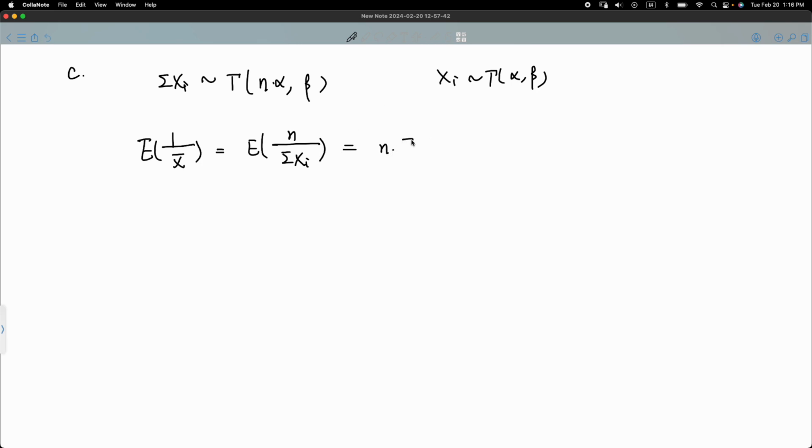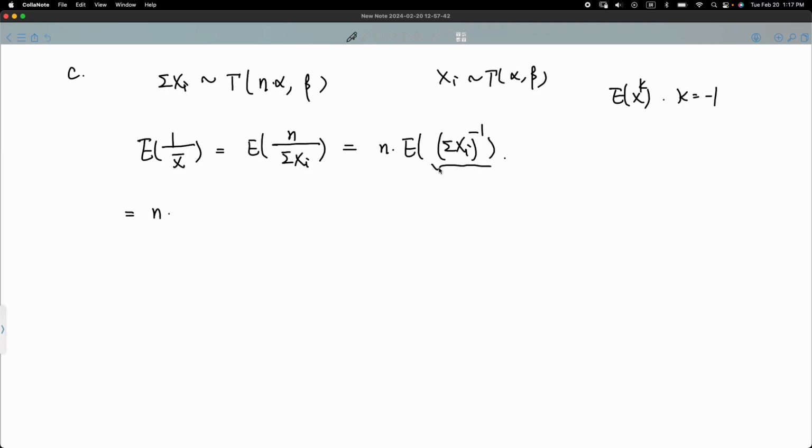Bring the constant outside, we have the expected value of the summation of xi raised to the power of -1. And this is a gamma distribution, so we can use the formula for E of X^k, where k is equal to -1 in this case.